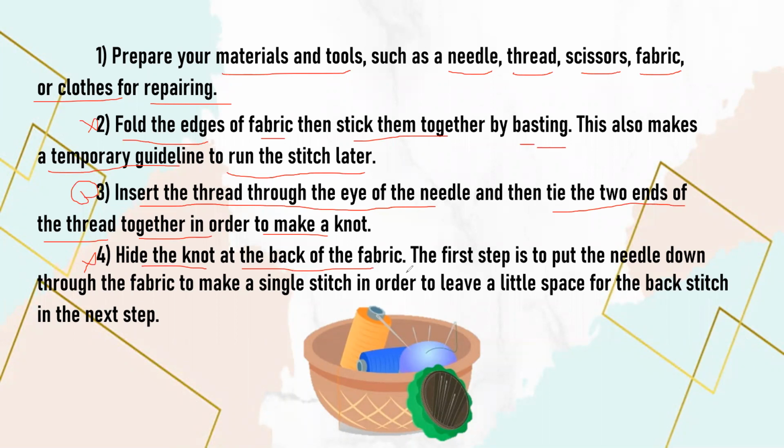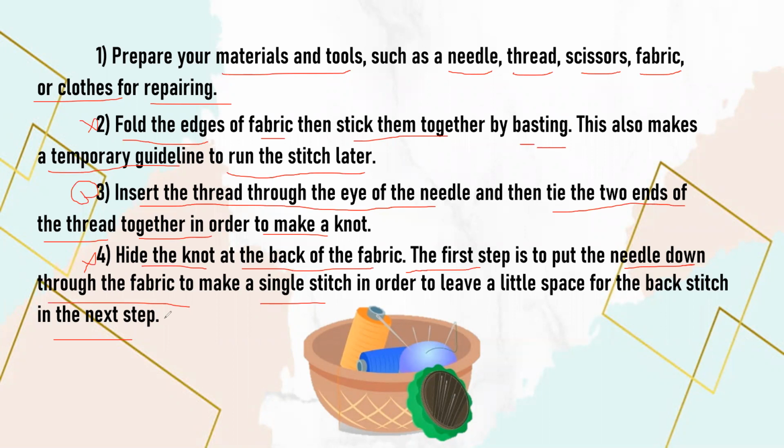So the first step is to put the needle down through the fabric to make a single stitch, in order to leave a little space for the back stitch in the next step. So first, we're going to take the first step. We are going to put the needle down through the fabric.